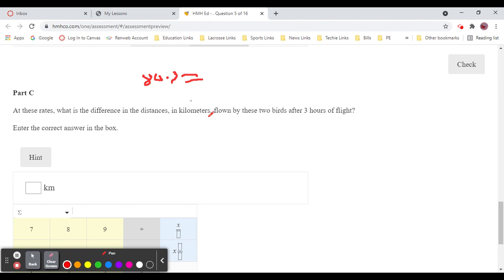Now for the eagle, 51.84 times 3 is 155.52.